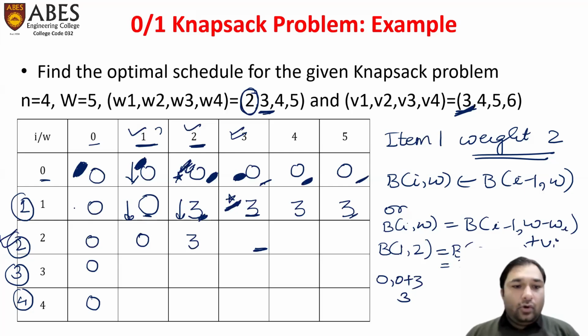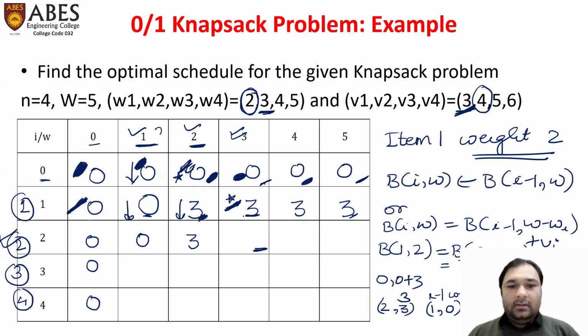And we go to this place. What is this? If we are talking about 2 comma 3, what we are doing is, we have gone to 1 comma 0. Why 1 comma 0? This is i minus 1. This is W minus Wi. That is 1 comma 0 is this.